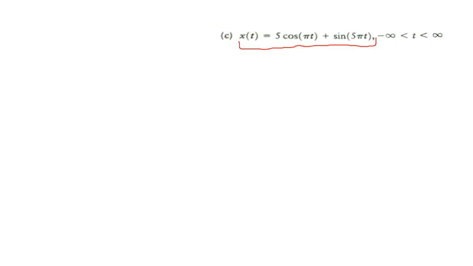So to find its power, we simply write P equals 1 over T, and we integrate it from minus T by 2. We can also integrate it from 0 up to T, right? So you get the same result.